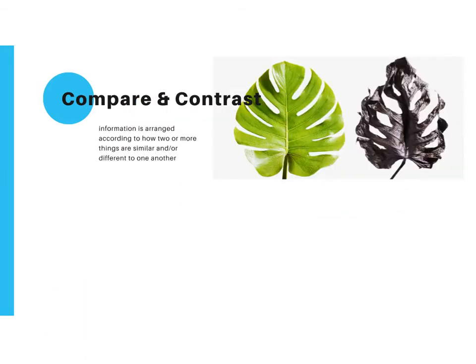The next organizational pattern that's really worth thinking about is compare and contrast. And that's when information is arranged according to how 2 or more things are similar or different from one another. So for compare and contrast, we really see that at work in the Malcolm X coming to awareness of language piece, because he's very much comparing and contrasting his experiences with what he calls the street literacy with his experiences with the literacy that he gained in prison.